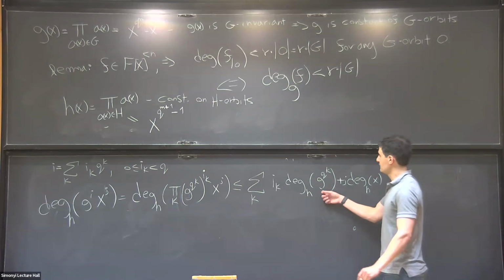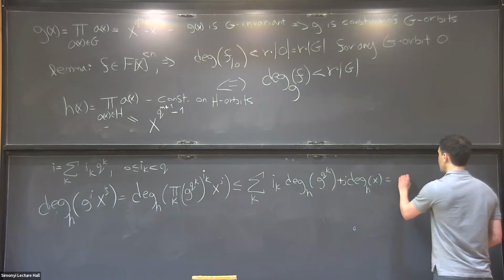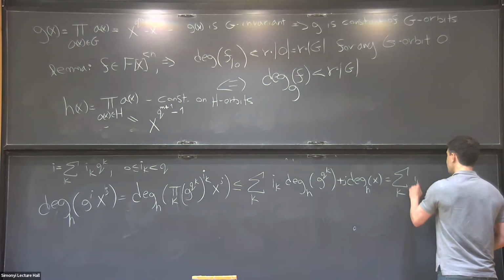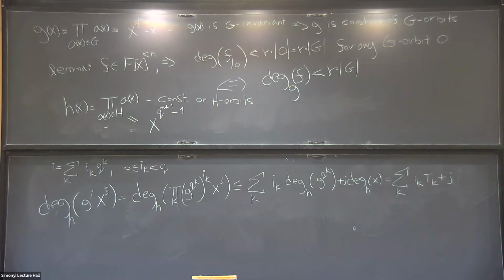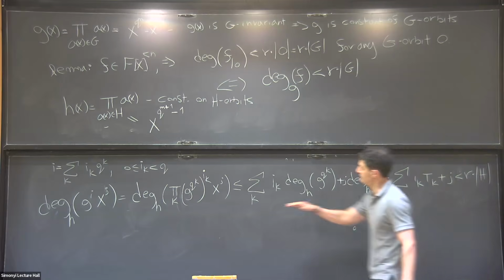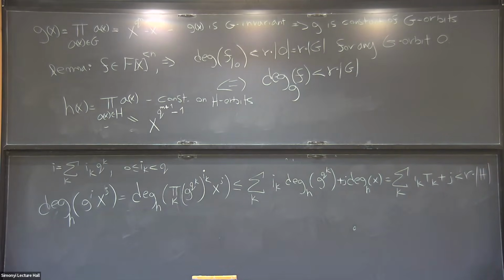But now this is T_k, and this is 1. So basically what I get is the summation over k of I_k T_k plus J. So now if I require that this is small, then this is small. Then satisfy this.